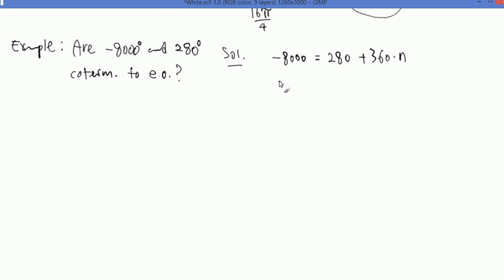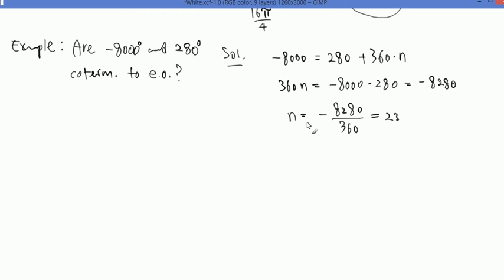So is it okay if I move 360 over there like this? That number is negative 8,280. So how do you solve for n? Divide that by 360. Now you punch it in the calculator. What was the answer? Was it 22 something? 23. Flat 23. There was no 23 point anything. It's exactly 23, right?